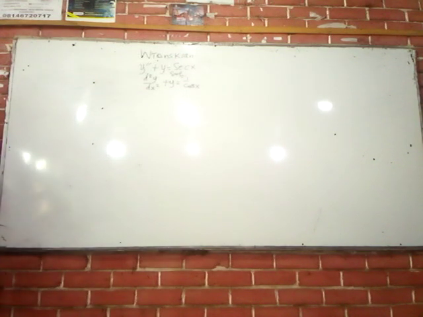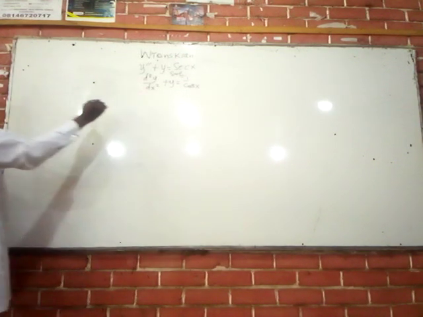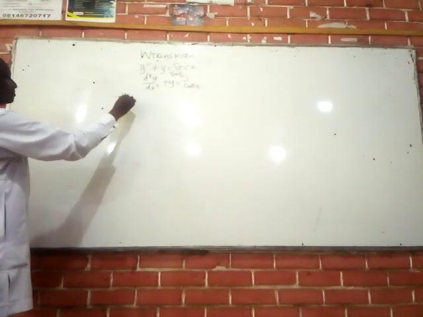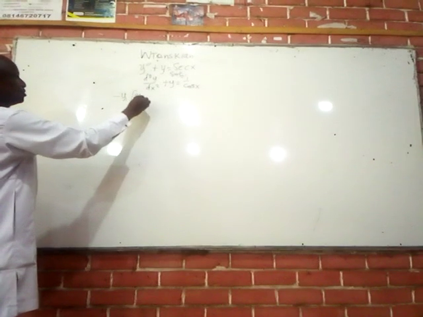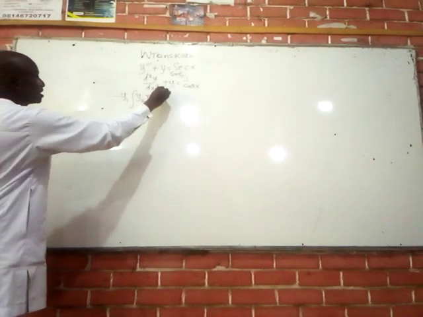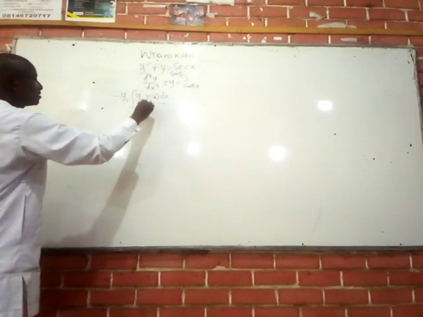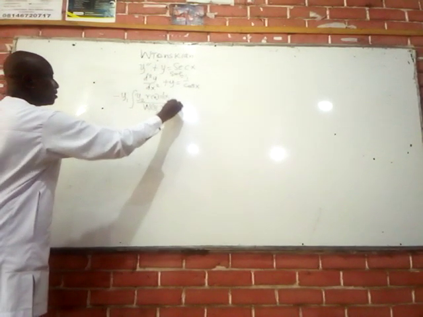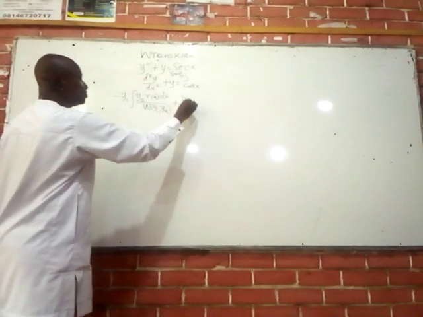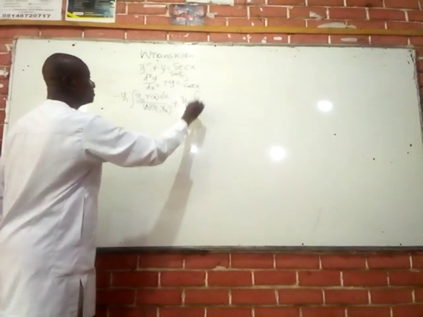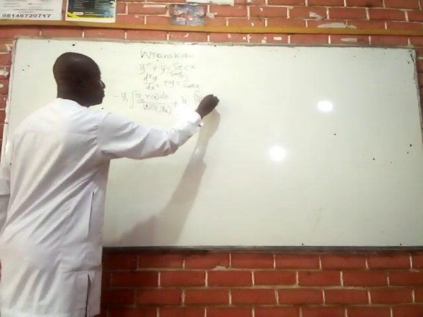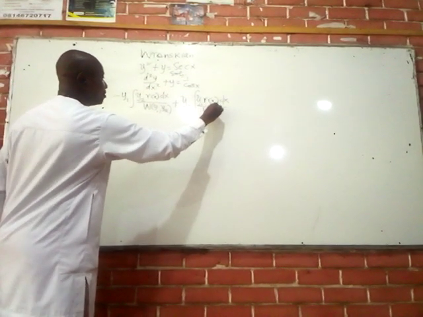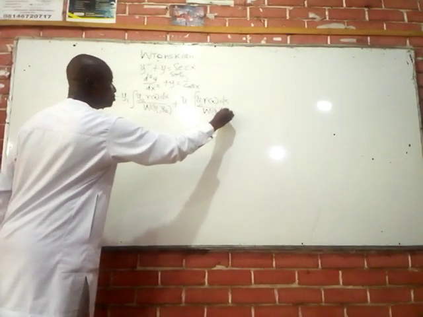The WRONSKIAN method, as it stands, is basically y particular equals minus y1 integral of y2 r function of x dx divided by WRONSKIAN of y1 y2, plus y2 integral of y1 r function of x dx over WRONSKIAN of y1 y2.